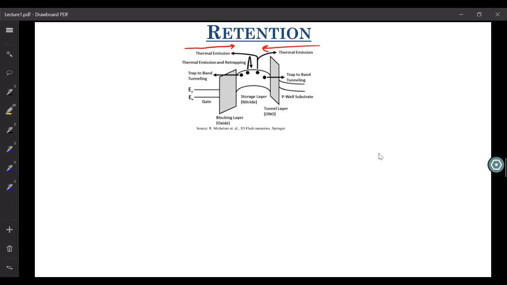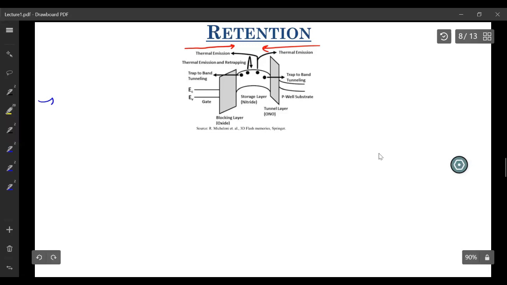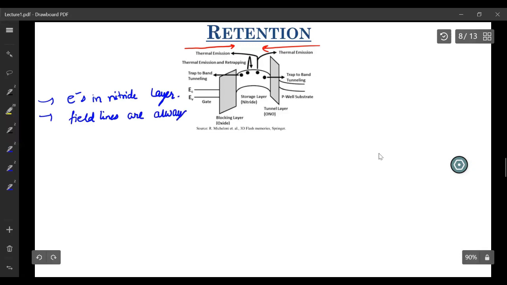Is that possible? Yes, that's possible because you have electrons in the nitride layer. If you have electrons or a negative charge anywhere, then your field lines are always directed towards negative charges.